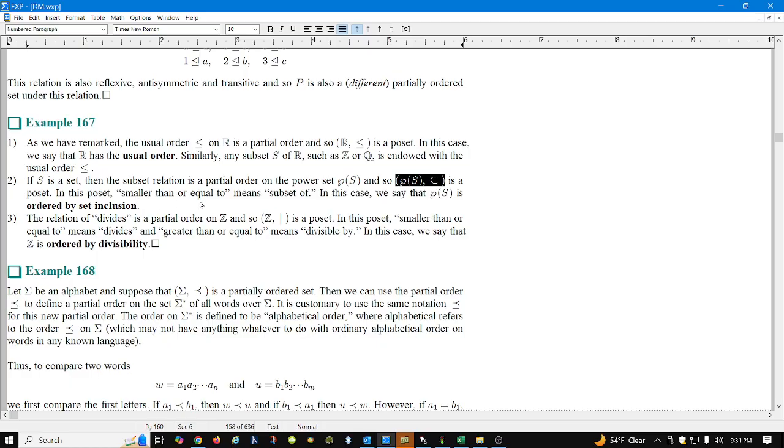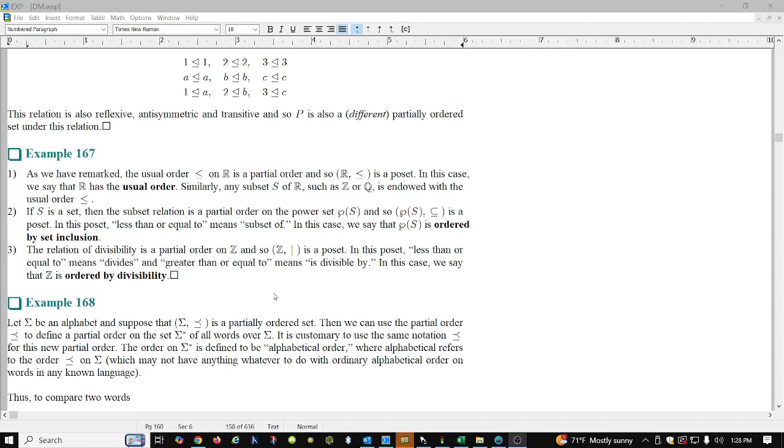Smaller than or equal to means subset of. The relation of divisibility is a partial order on the integers. As you know, it's denoted by a vertical bar, so this is the poset. And in this poset, less than or equal to means divides, and greater than or equal to means is divisible by. And so in this case, we say that Z is ordered by divisibility.